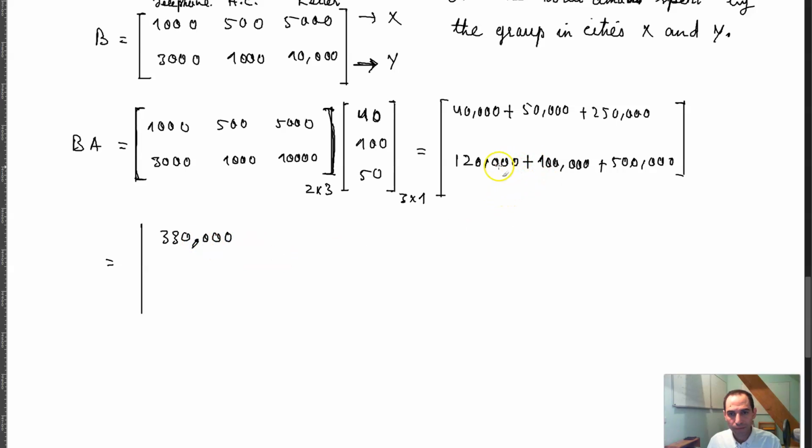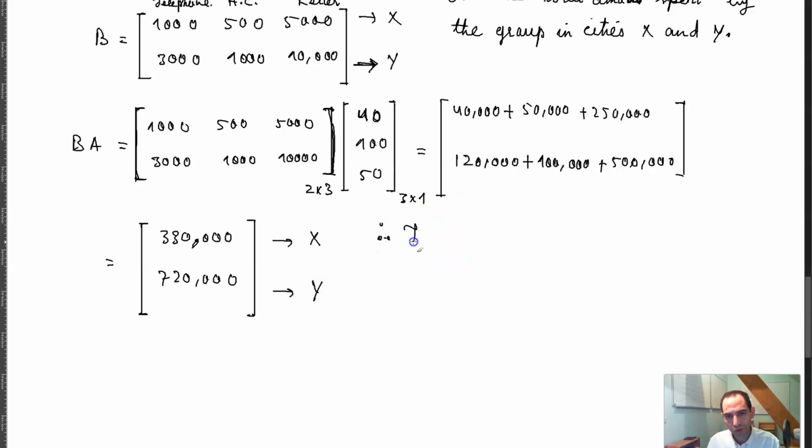And then you have 120,000 plus 100,000 is 220,000, plus 500,000 is 720,000. This is the cost, and this would be for X and this would be for Y, and so that is the total amount spent by the group.